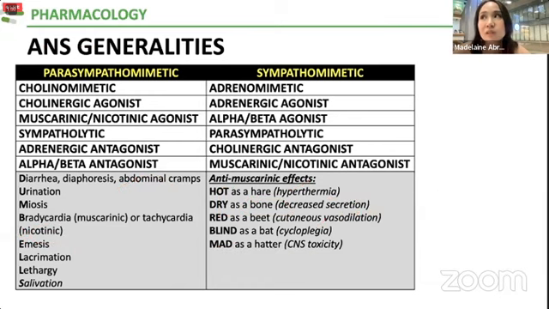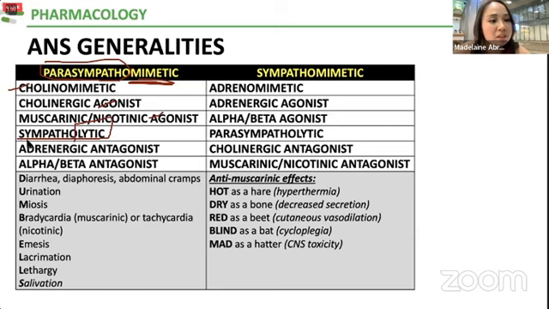Ngayon, gusto ko lang i-emphasize itong table na to kasi gusto ko maintindihan nyo maigi. Pag sinabing mimetic, same. Pag lytic, different. So, itong mga parasympathomimetics, yung mga ang action ay parasympathetic. Yun yung mga cholinomimetics, agonist, muscarinic nicotinic agonist, or kabaliktaran kapag lytic.